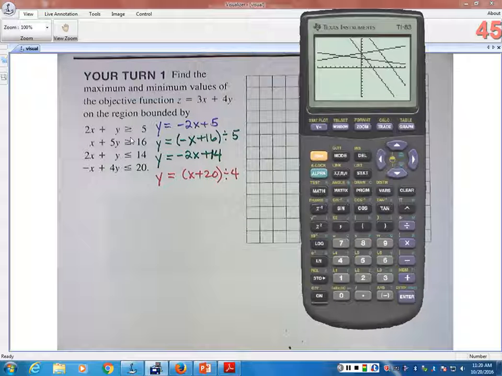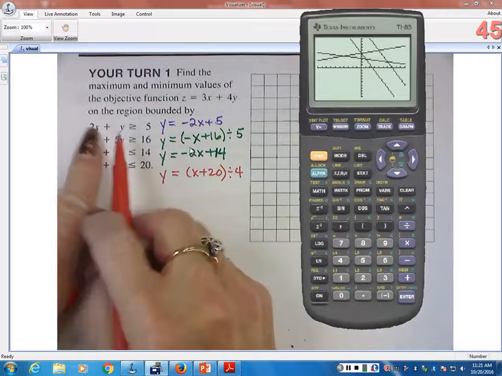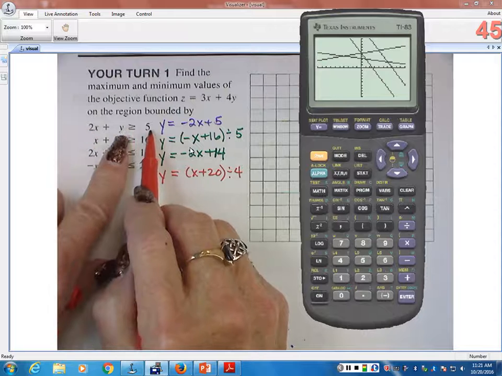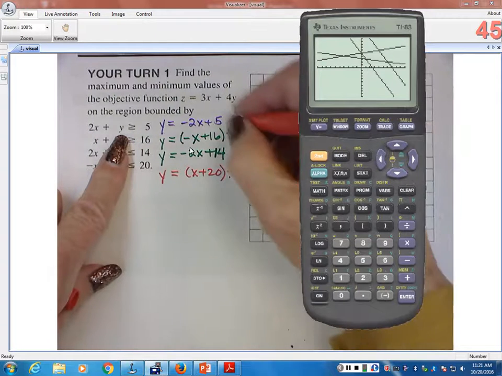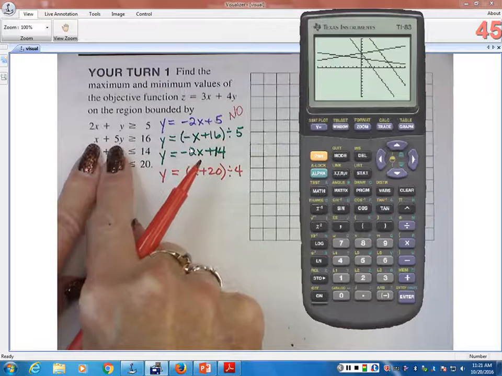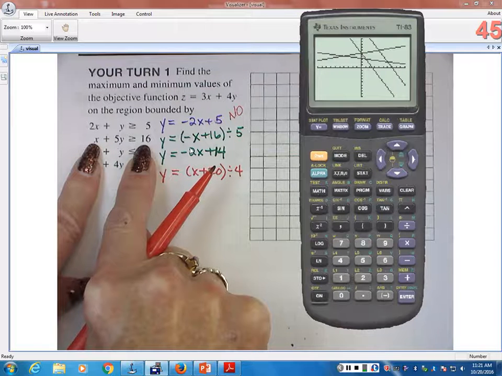Now, in order to pick out the region that I want to shade, I'm going to test (0, 0). Since (0, 0) is not on any of those lines, I'm going to test (0, 0) on all of those inequalities. 0 plus 0 is equal to or greater than 5? No. 0 plus 0 is equal to or greater than 16?